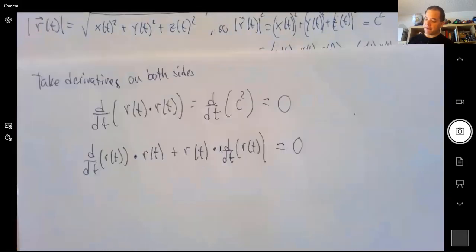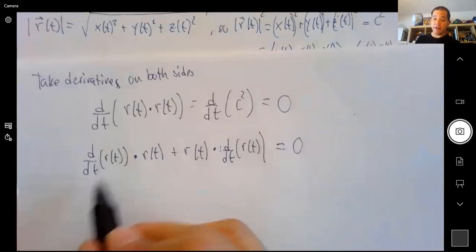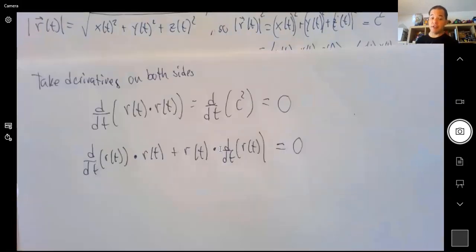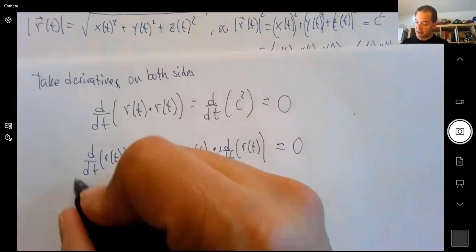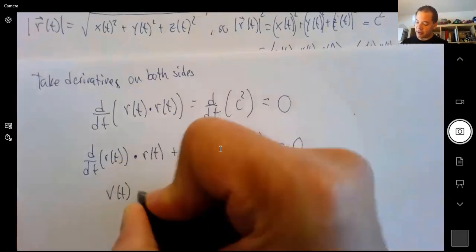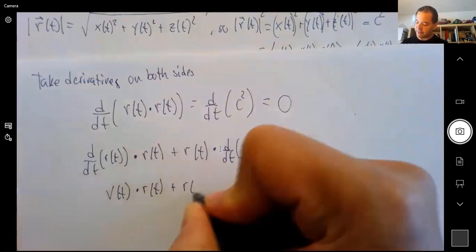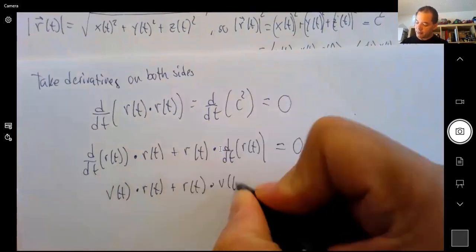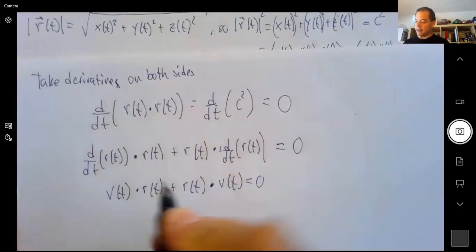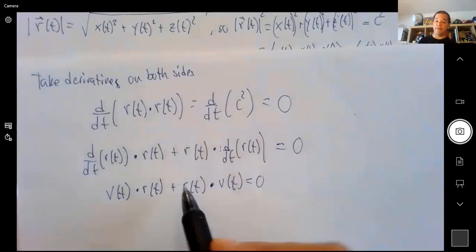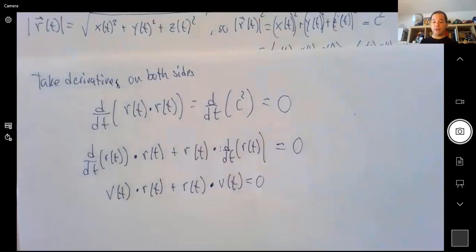And now remember that the derivative of r is the velocity, v of t. So this is v of t dot r of t plus r of t dot v of t is 0. But the dot product is commutative, right? v dot w is the same as w dot v for the dot product.